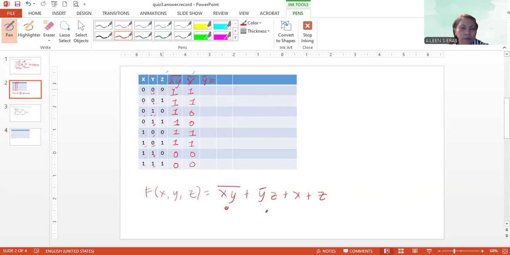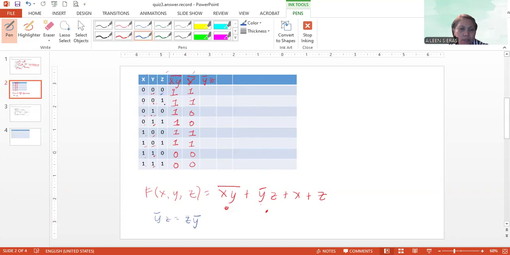I will change the color so that it's easy for you to determine. This is your z and also your y. So meaning your y bar z is equal to z y bar.